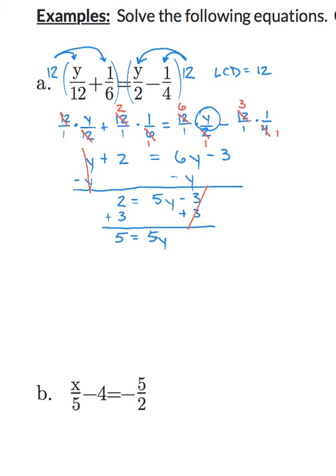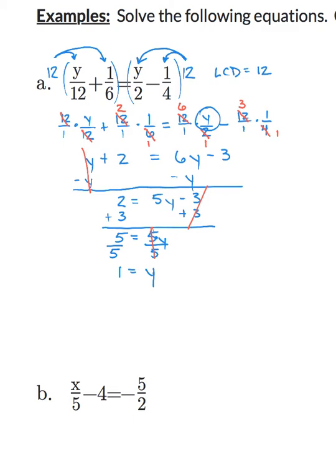And so to get rid of multiplying by 5, I want to divide by 5. So 5 divided by 5 is 1. So we get 1 equals y. And we're done.